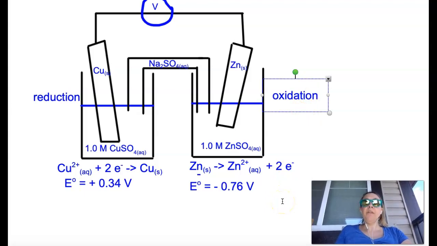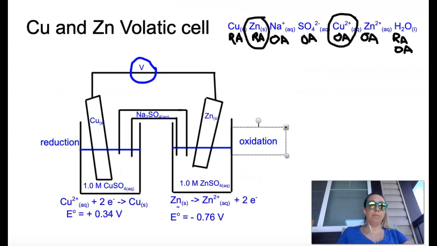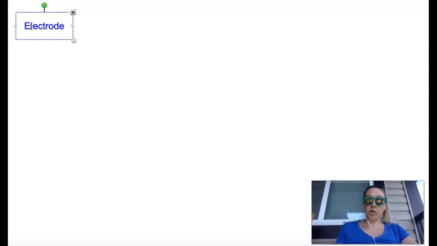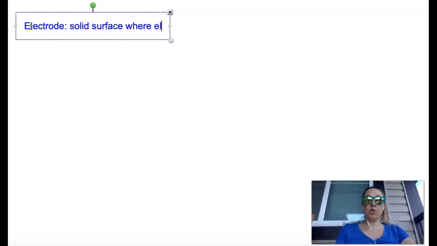So the next thing we need to do is when it comes to our electrodes, so the electrodes are these solid strips, okay? So before I get to that, I'll put a blank slide in with just a couple of things, right? So the purpose of an electrode is a solid surface where electron exchange can occur.